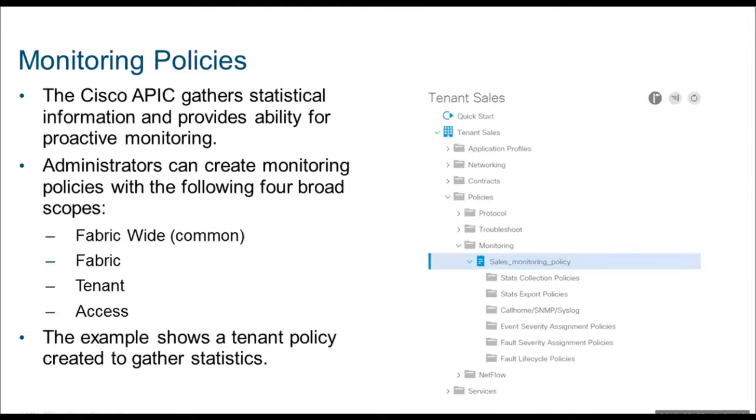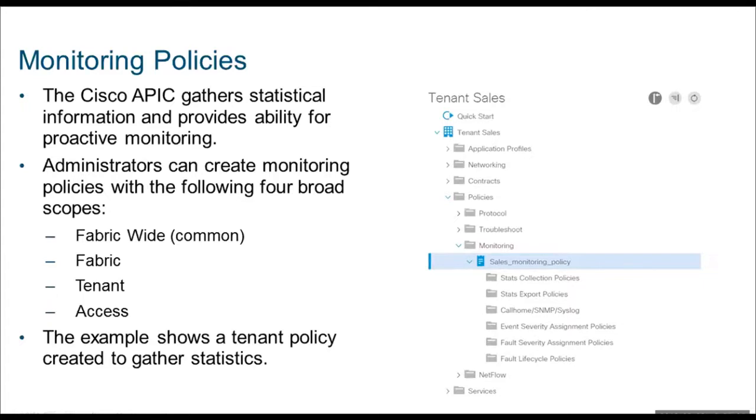We do have the option to gather some statistics for monitoring purposes. There are some monitoring policies which are already configured within the system. They are fabric-wide policies. They are 4 by default, and then you can create your own. You can create a fabric-wide policy which applies to all tenants, all the fabric objects, all access objects.